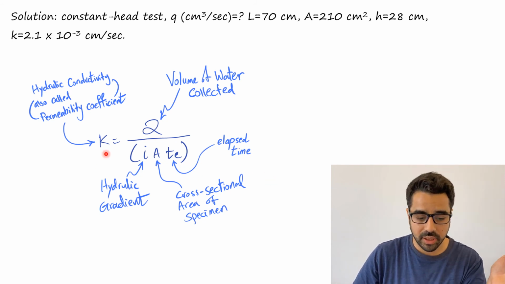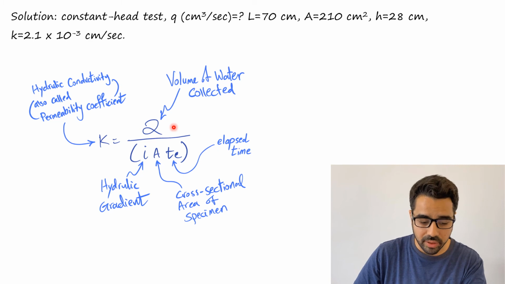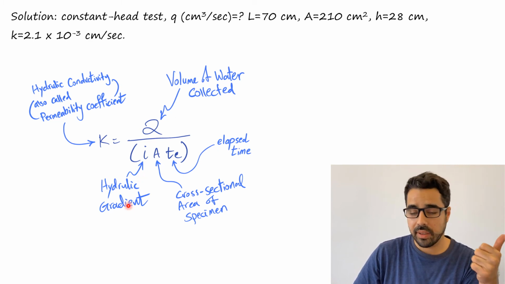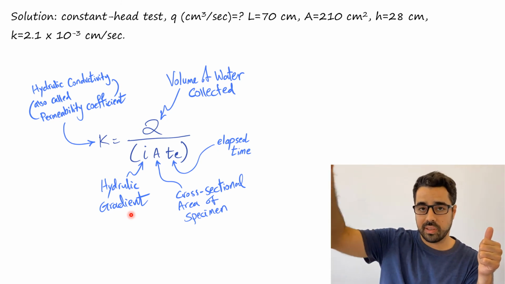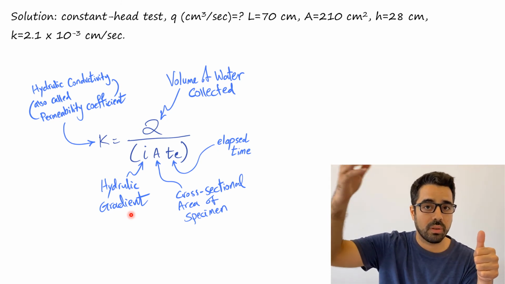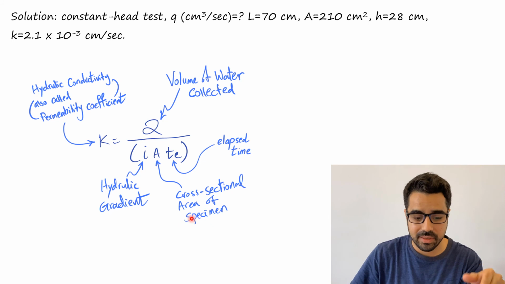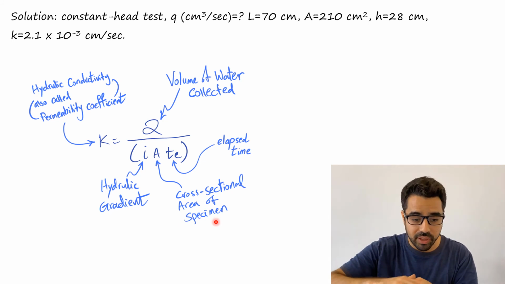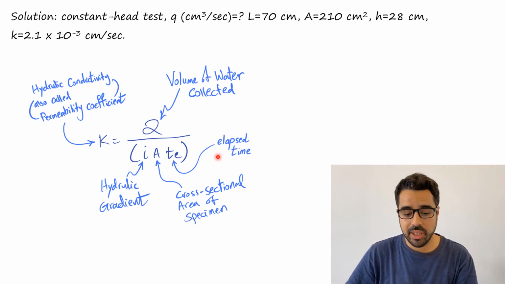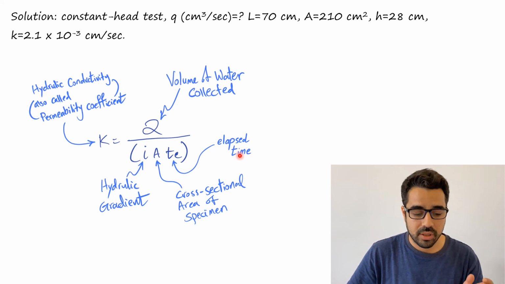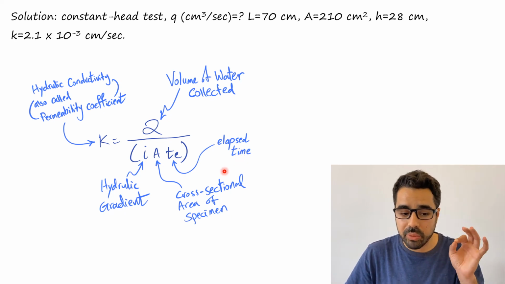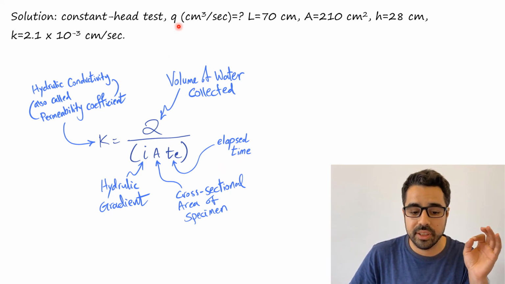K, the hydraulic conductivity, equals the volume of the water collected divided by i, the hydraulic gradient. As we said, it's delta H over L, or sometimes called H over L. A is the cross-sectional area of the soil, and T sub E is the elapsed time. But what we're looking for here is the discharge.